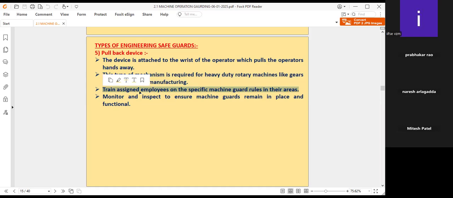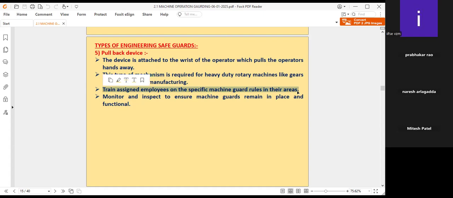There should not be any chance taken. A non-trainee should not operate equipment having a pullback device. Operators or employees operating such equipment should be trained with the specific machine guard rules, which are different from their normal guards, sir.